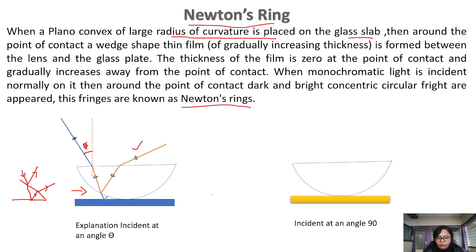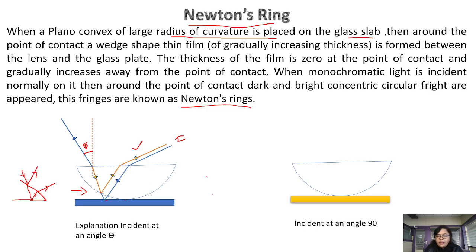After the reflection, the light is transmitted through the plano-convex lens and goes out. Now the interference occurs between this yellow colored light and this blue colored light, because the yellow light comes from the upper surface of the thin film and the blue light comes from the lower surface of the thin film. If somebody looks from this side, they can find an interference pattern over here.